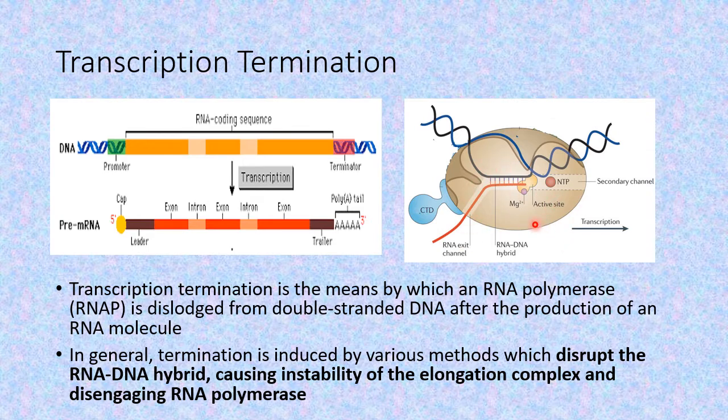So at the time of termination, this hybrid part has to be cleaved, it has to be disrupted, and then this RNA polymerase has to be removed from this DNA double helix duplex molecule. So ultimately, transcription termination in eukaryotes is a more complex process.